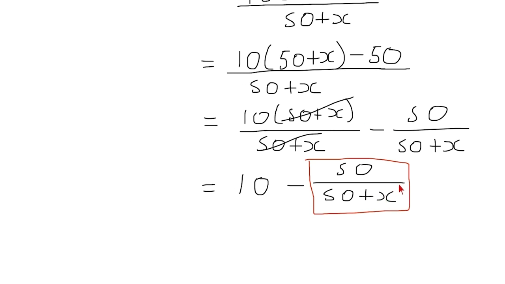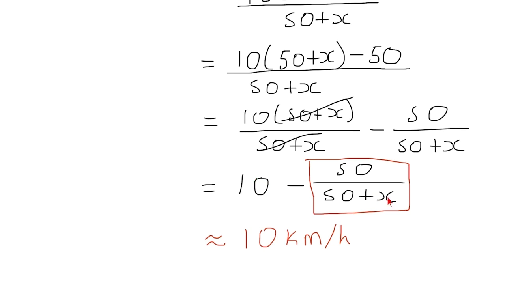So as he increases his speed going down the hill, his average speed will only increase by a small fraction. So the maximum speed seems to be very close to 10 as he increases his speed going down the hill, but it will never actually be 10 because we are always subtracting a very, very small number from 10.